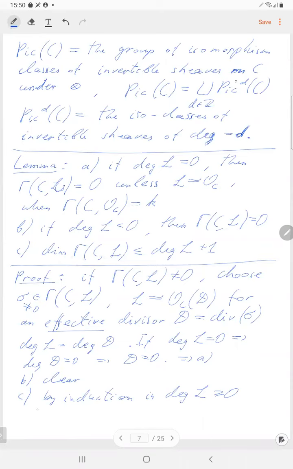Okay, so we already know that if the degree of L is 0, then the dimension of global sections of L is at most 1. Namely, it's usually 0, but if L happens to be trivial, then the dimension is 1. And so statement C holds true because it's 0 plus 1. Now let's proceed by induction.